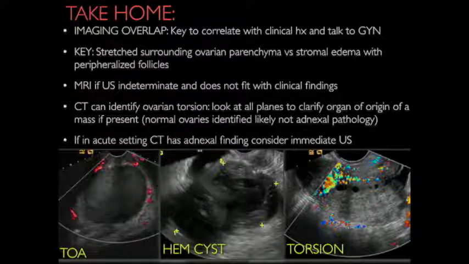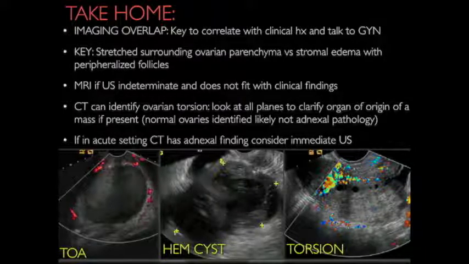We always tell them, treat the patient, not the picture, and they tell us the same; we have to follow what makes the most sense. Also, for hemorrhagic cyst versus ovarian torsion, the key is to look for stretched surrounding ovarian parenchyma versus stromal edema with peripheralized follicles. And MRI is helpful if ultrasound is indeterminate and does not fit the clinical findings.